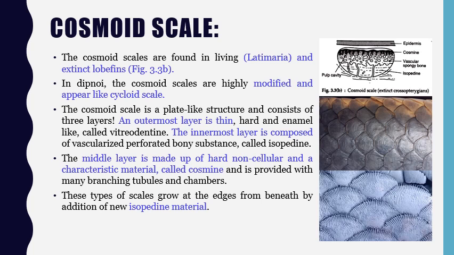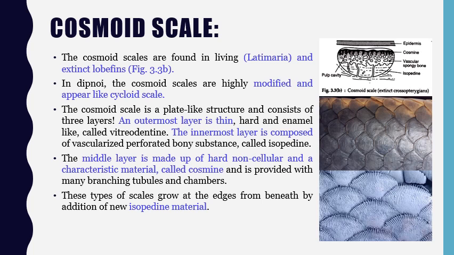The outer layer is thin, hard and enamel-like, called vitrodentine as in the placoid scale. The innermost layer is composed of a vascular part, like the basal part of the placoid scale, and a perforated bony structure called the isopedine. This is the isopedine, the innermost layer of this Cosmoid scale.